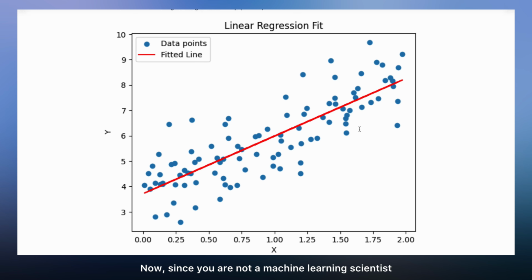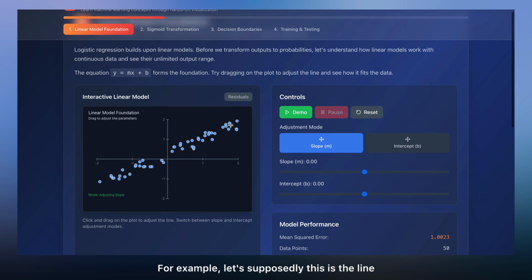Now, since you are not a machine learning scientist, you are a visual learner, you plotted them on a piece of paper and you try to fit a line using your scale, using your visual judgment. You see some data points and you try to fit the line. Now, if I want to understand whether this line is good or not, how will you help me understand? For example, let's say this is the line that you plotted.